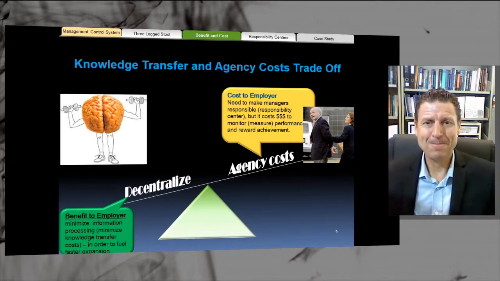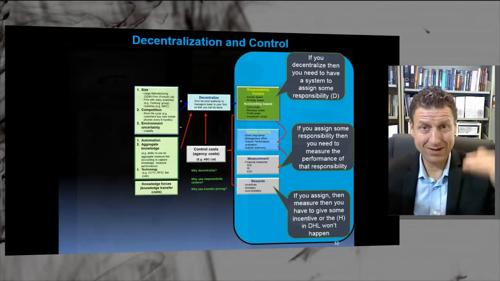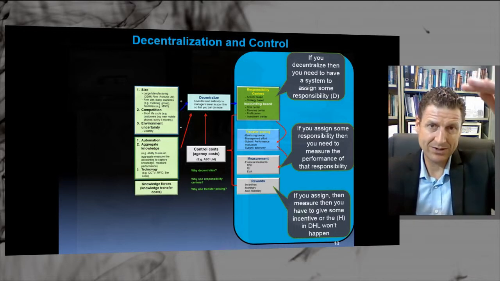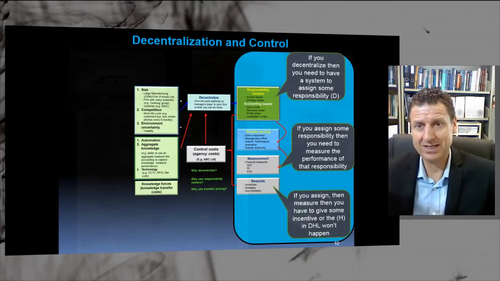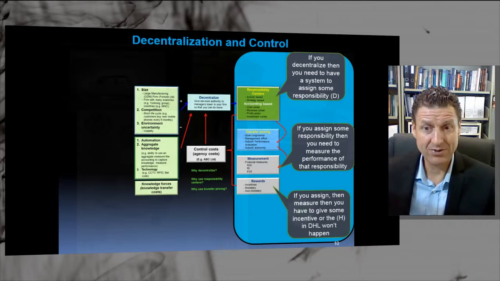Yes. So let's have a look at the other side of this balance or imbalance between knowledge transfer costs and agency costs. Knowledge transfer costs have gone down. We have decided to decentralize. So now we need to have a system to assign some responsibility. Now, if you assign some responsibility, then you need to measure the performance of the responsibility.